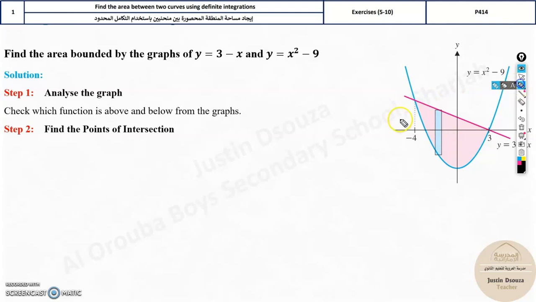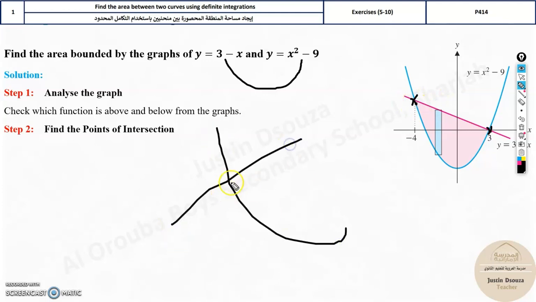Then how do you find these points of intersection? If you're drawing a rough graph, you won't get the accurate answers. So how would you do it? The points of intersection mean these two functions are equal at that point. Intersecting means both the graphs touch at that point, where the x values and the y values are the same for both the functions.